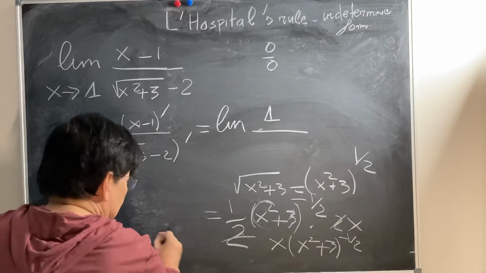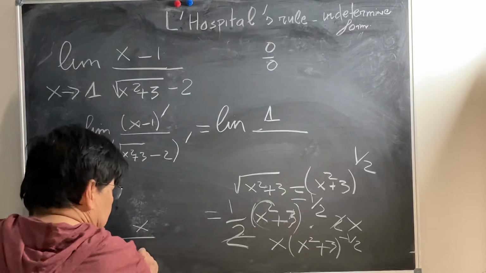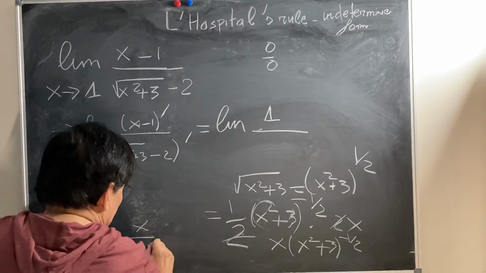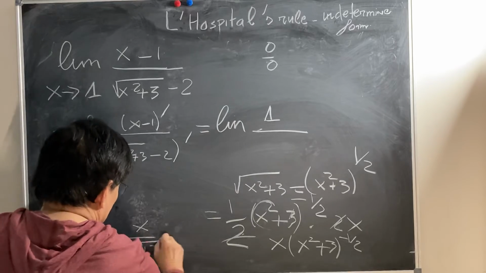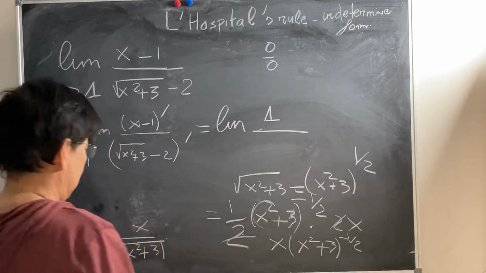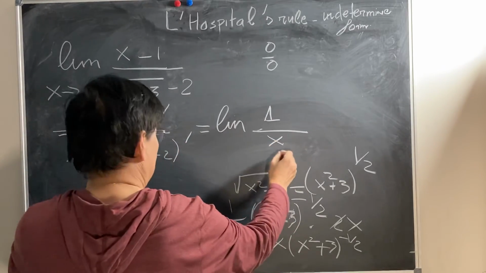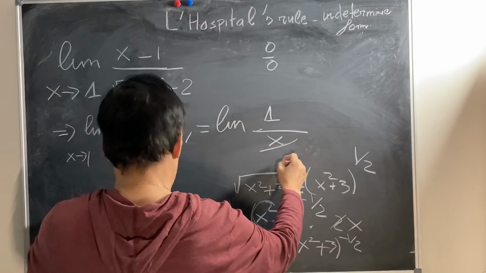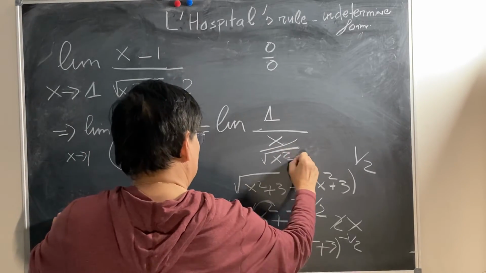You will have x over the square root of x squared plus 3.